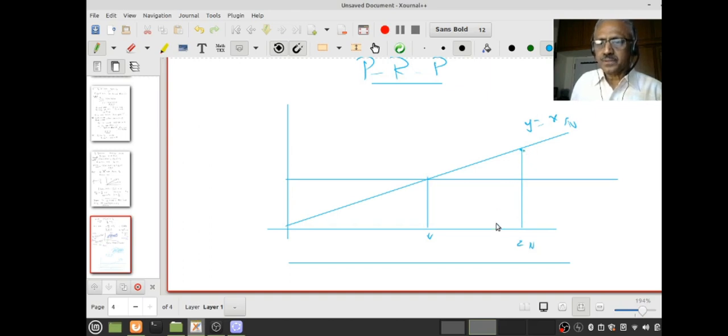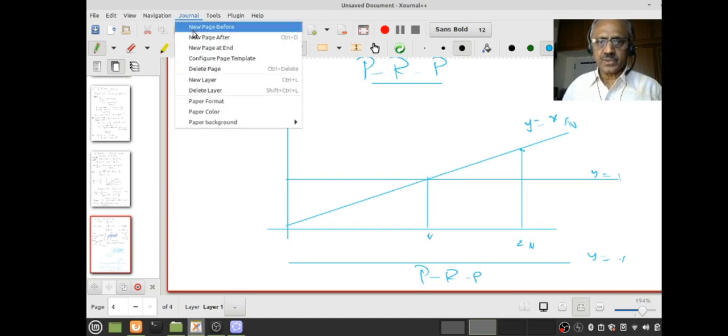So it will not lie within this. This is my y equal to 1, y equal to -1. So the graph should lie within this. After a certain stage, everything should lie. That doesn't happen. Please understand. Now let's go to the next example.